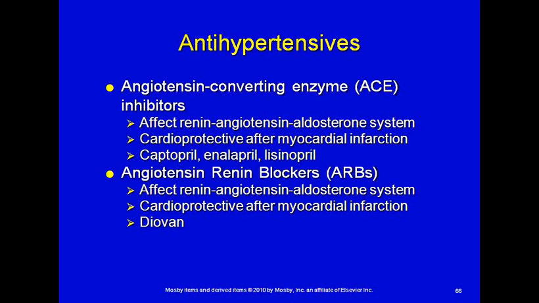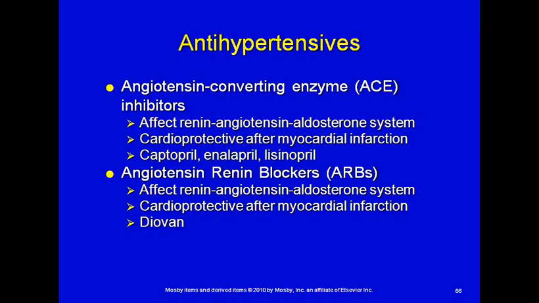Angiotensin converting enzymes, or ACE inhibitors. ACE inhibitors affect the renin-angiotensin-aldosterone system as well. I had mentioned that renin, when released, combines with angiotensin, and the angiotensin converting enzyme converts angiotensin 1 to angiotensin 2 in the lungs.